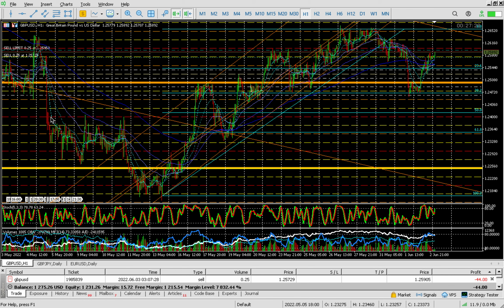Coming up here, boom, rejecting off of there, coming down here, getting underneath, boom, hits this level, comes back up, boom, hits that, doesn't quite come all the way down, boom, back up, explodes through, all the way up to here, back down, boom, working its way up, boom, finally hits this level after a long time.